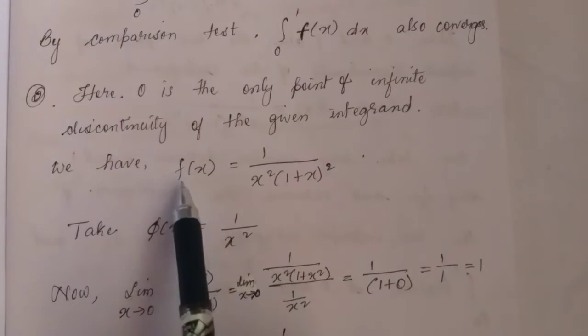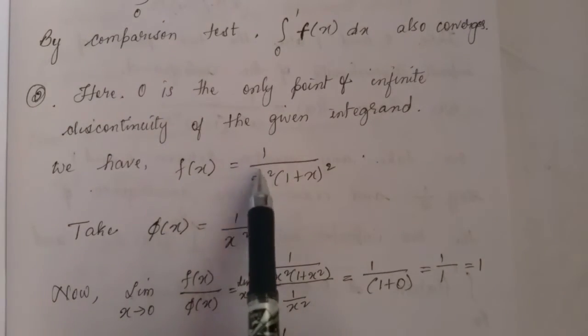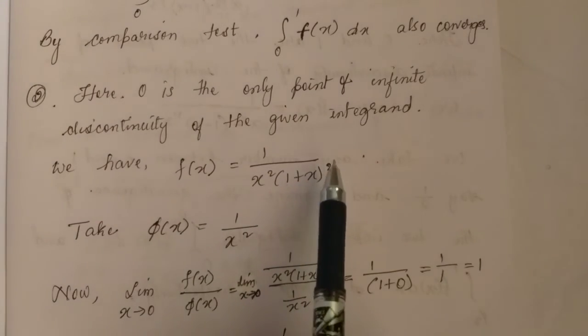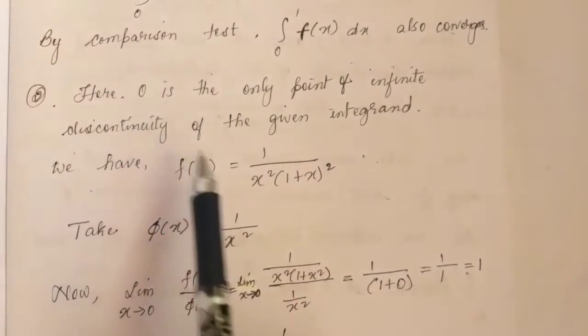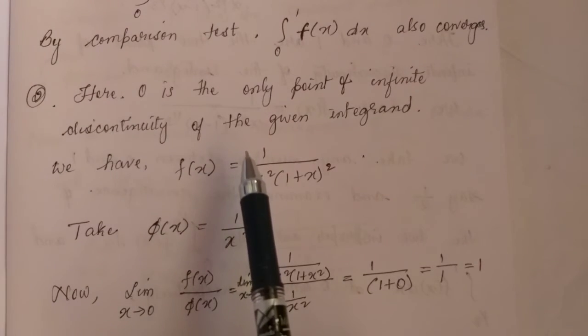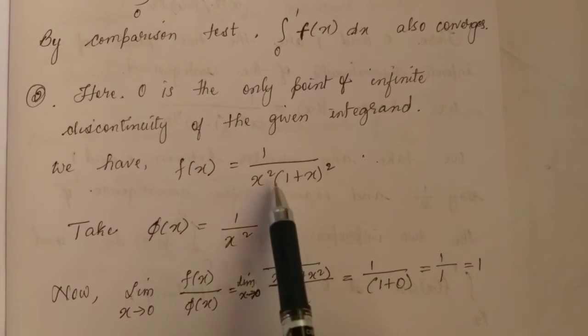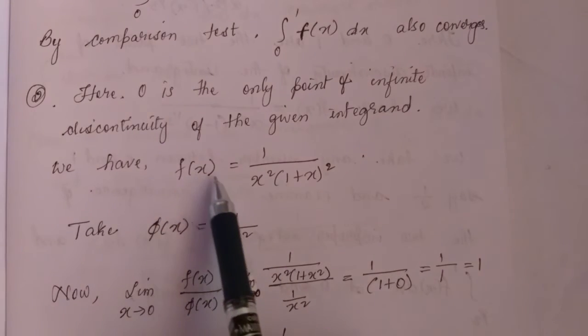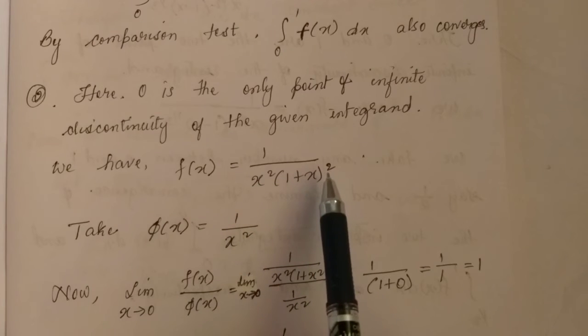The integrand here is f of x equal to 1 by x squared into 1 plus x to the power 2. Here 0 is the only point of infinite discontinuity, since if you find f of 0, you will get the value to be infinity.